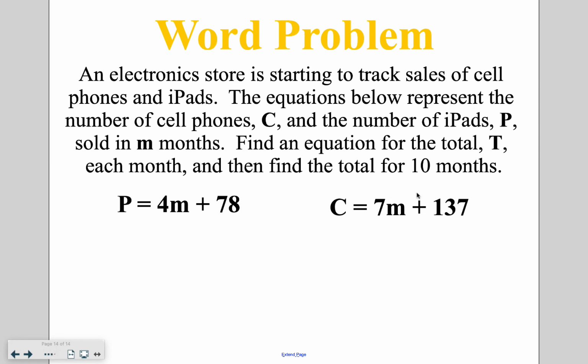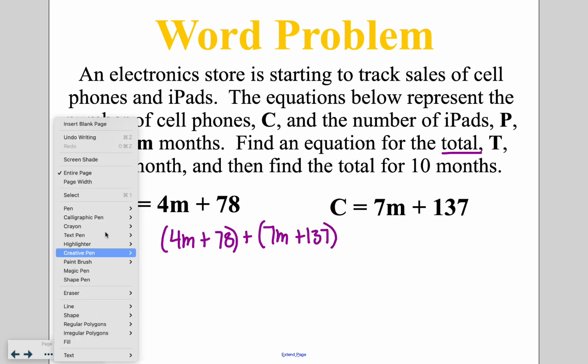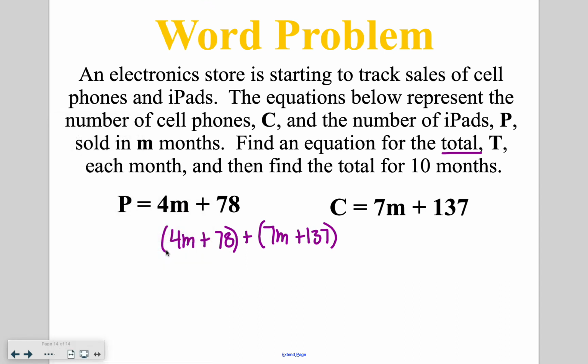So our first job is to find the total. When we find the total, we are going to be adding. So I've got 4m plus 78, my first part, plus 7m plus 137 as the second part. When I go through and add, I'm going to start with 4m plus 7m, which is going to give me 11m.